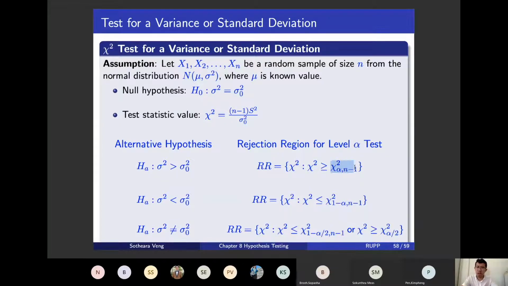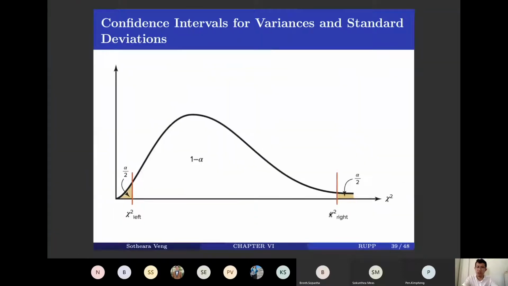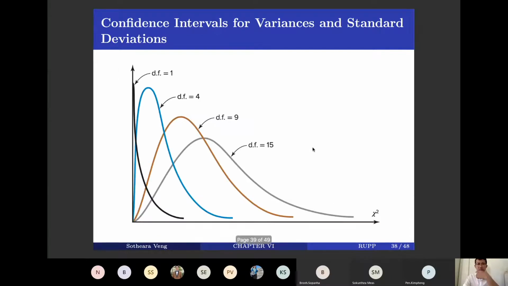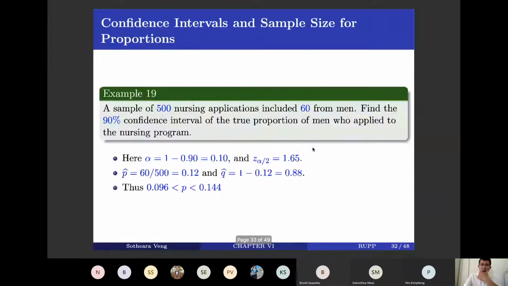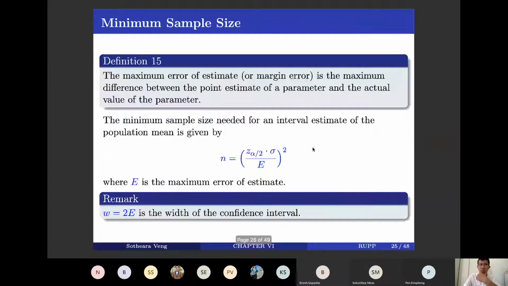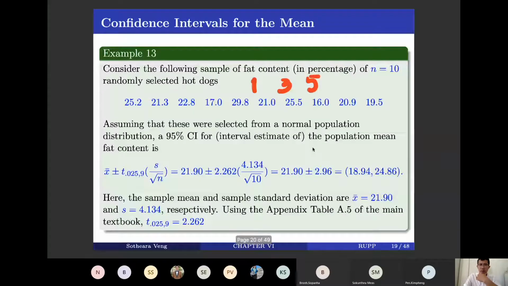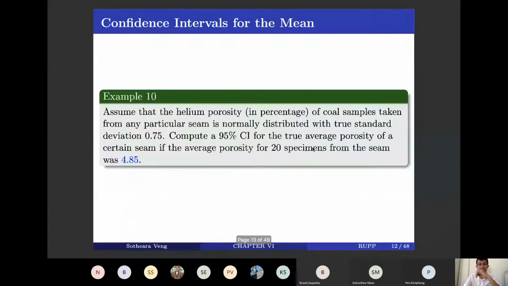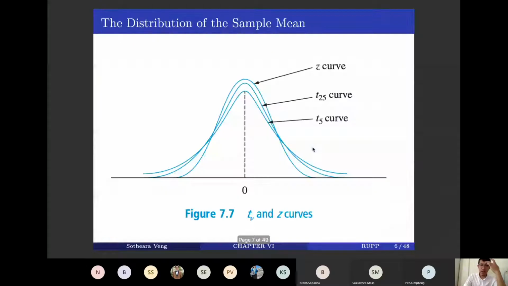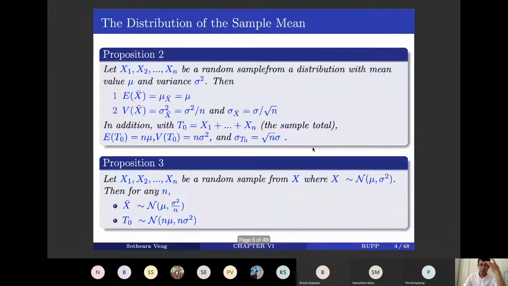This is nothing but the critical value. Chi-square right or chi-square left, we call it the critical value, just like for the z, for the case of the standard normal curve, or the t.